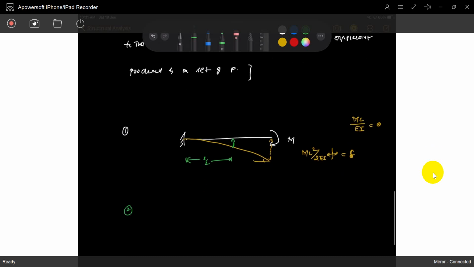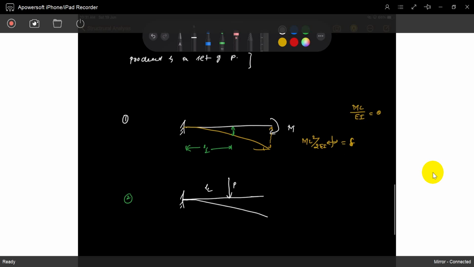See, same beam. I will take a force P applied at L by 2. It deforms. So what is the deformation here? You know it.